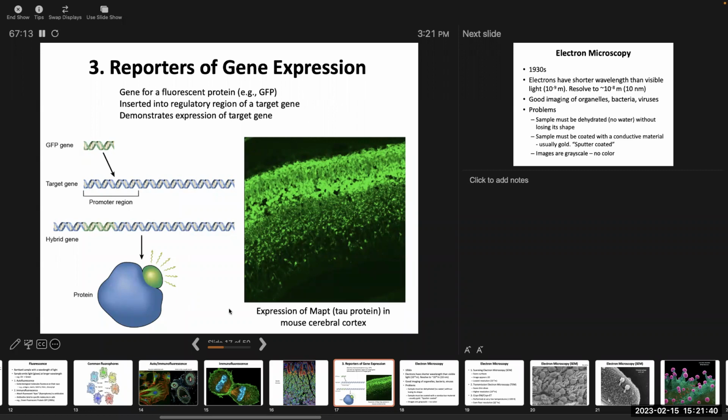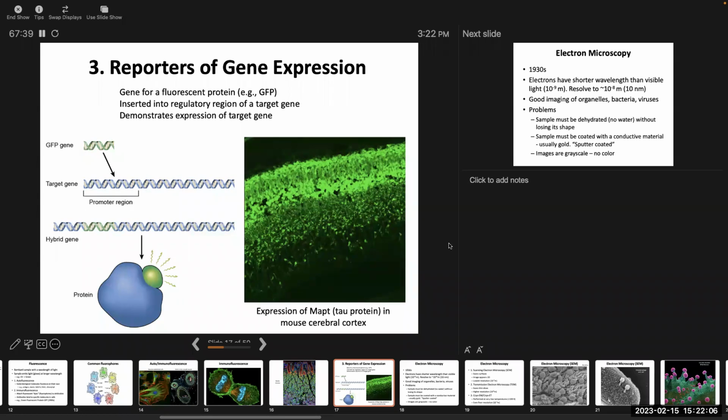You then get a microscope slide and bombard the sample, probably with ultraviolet light, and it's going to glow green in response. It's going to allow you to see which cells in some part of the body are actually expressing this gene that you're interested in.